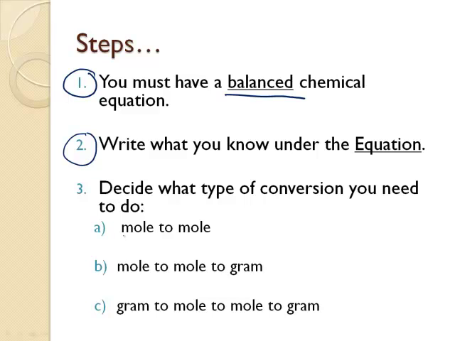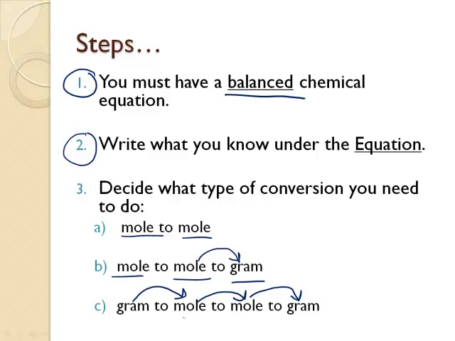Sometimes you may have to do a mole to mole conversion, which we'll talk about. Sometimes you'll have to convert from grams to moles, or vice versa. Sometimes you will be given a gram amount, and you'll have to convert that to moles, then convert that to another form of moles, and then convert that to grams.